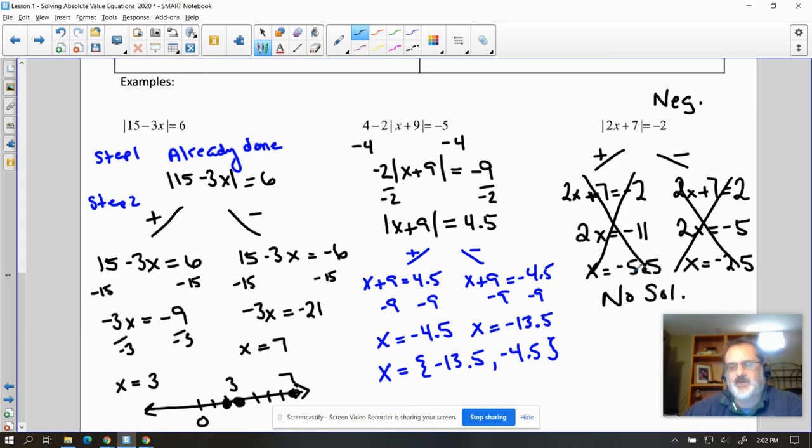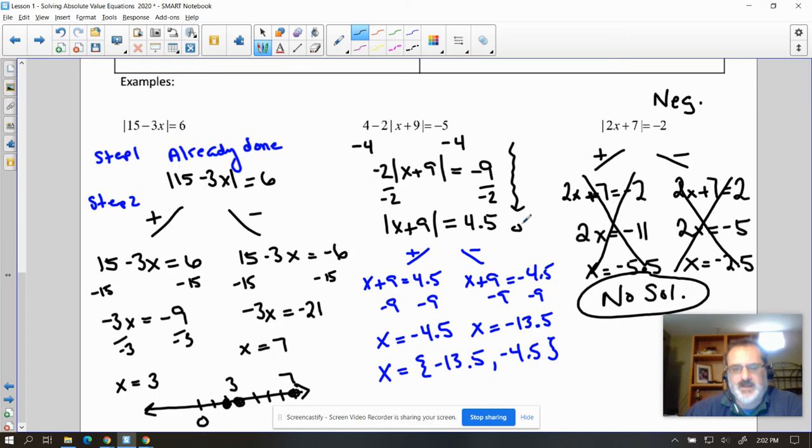Now, the problem with this is if you don't memorize this, you can actually come up with solutions and think you're right. But you need to memorize that whenever the absolute value is equal to a negative, after you isolate the bars, it's going to be no solution. Now you might be saying, well, wait a minute, this was negative here. Well, when I isolated the bars, after I was done isolating the bars, I actually had a positive on this side.